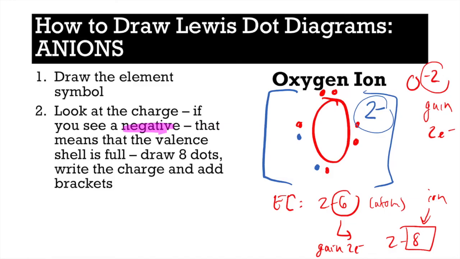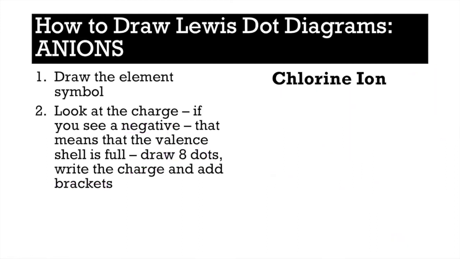So remember, here's the shortcut. If it's negative, that means you gained and you filled in that valence shell. So just draw 8 dots, and put in the charge and the brackets. That is it. So if we do one more, let's even do it the short way. Chlorine normally has, the atom has 7 valence electrons.